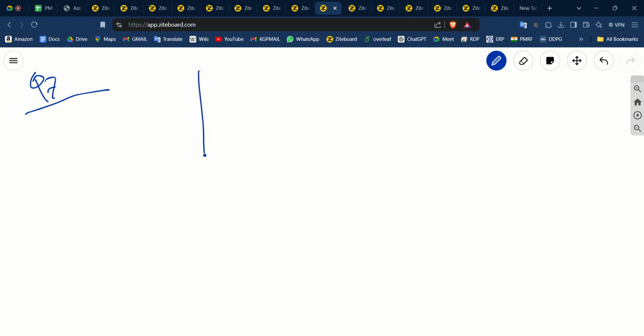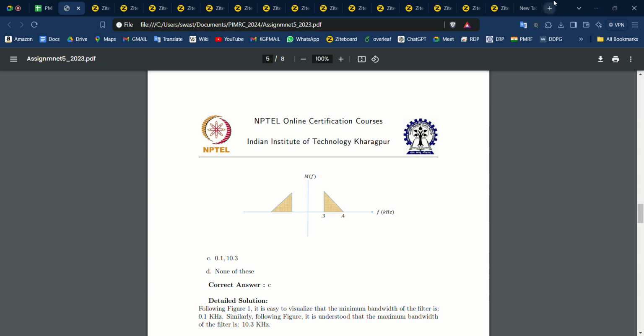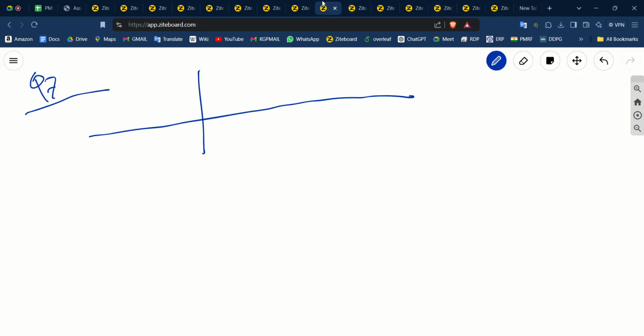The signal is given like this, a triangular curve from 0.3 to 0.4.